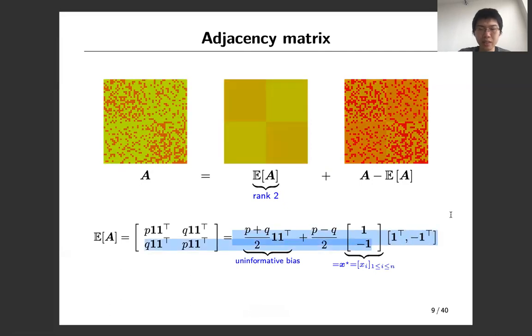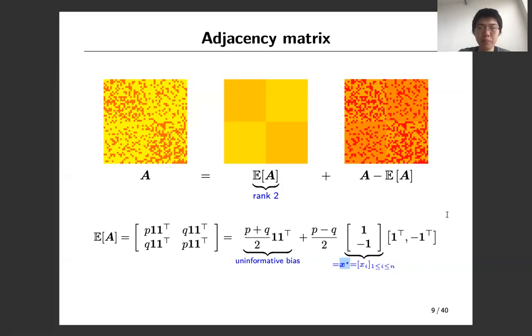And you will soon notice that the first eigenvector is kind of uninformative. It is the all 1 vector. However, the second eigenvector, the 1, -1 vector, is quite informative, and it is exactly equal to the community membership vector x star we are seeking.